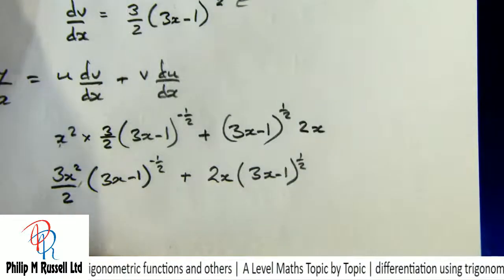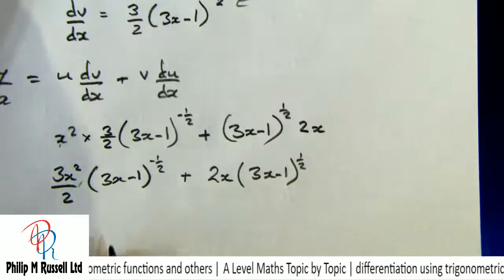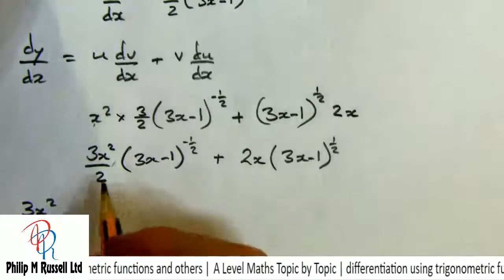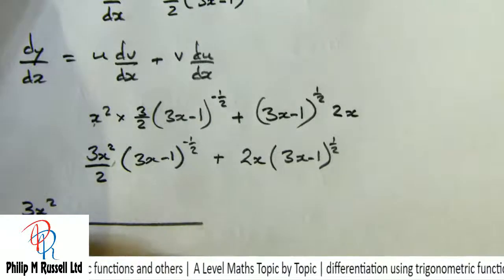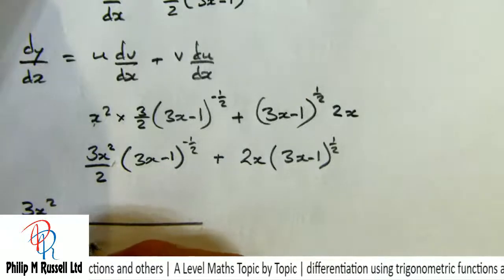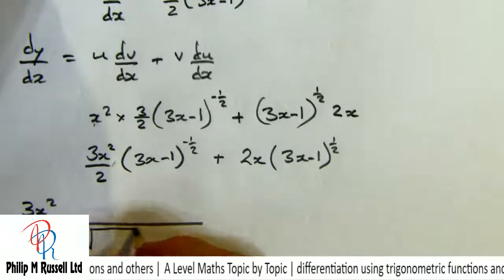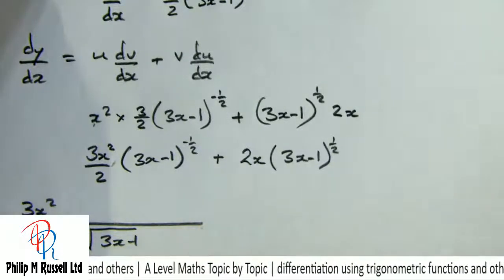So at the moment I see I've got 3x squared, I've got 2 at the bottom, which is 2 times the square root of 3x minus 1. I'll just put it back in the same format that it had.